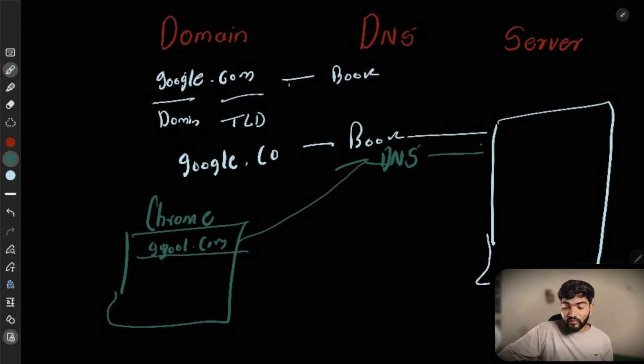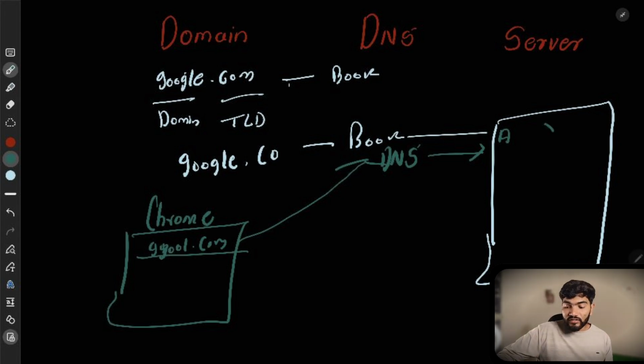DNS will have the records of that particular domain. Okay, so the records will be of different types. There are records which are called A name record, triple A records, MX records and all. We are not going to go into the details, but let's explore the A name record. So what exactly is the A name record? A name record will tell where exactly the website is hosted.